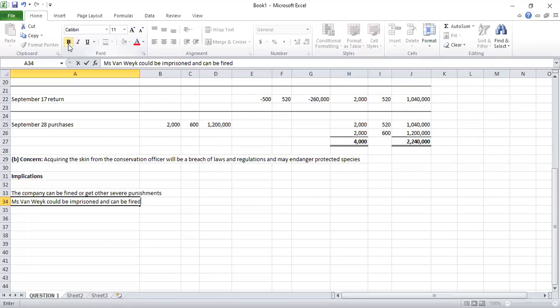So those can be the implications. You can put them in whatever manner that you deem fit. Any questions?